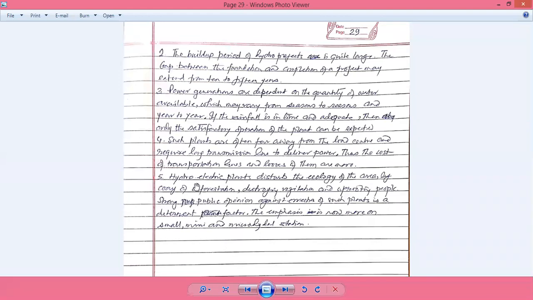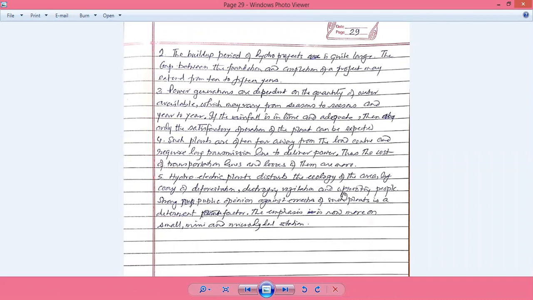Hydroelectric power plants disturb the ecology of the area by way of deforestation, destroying vegetation, and uprooting people. In a specific place where we have to install the plant, if there is a forest, we have to uproot and clear it. If there are inhabitants, you have to clear the people out.